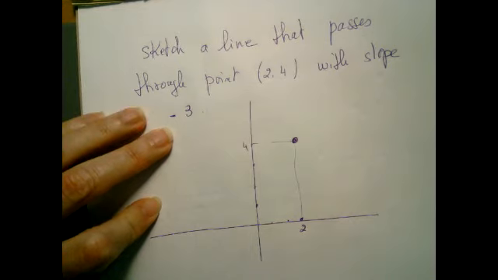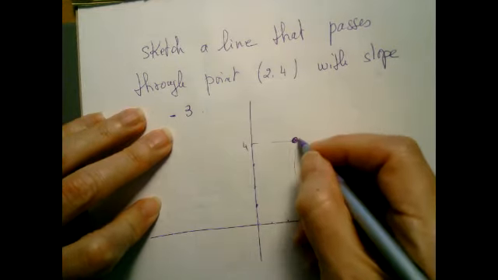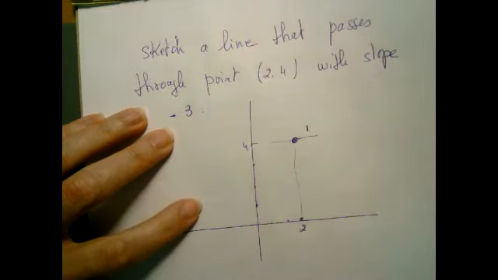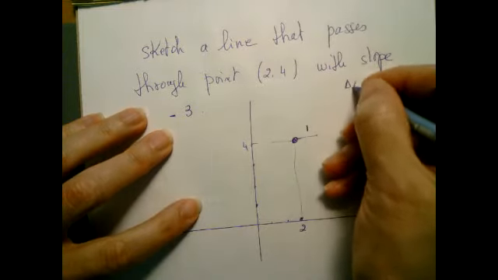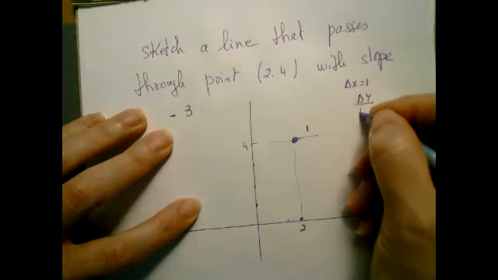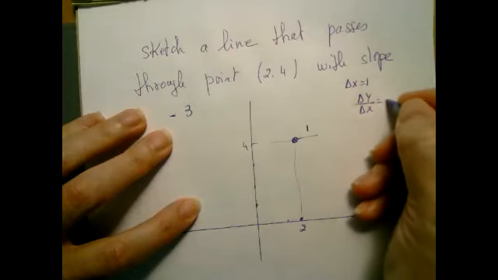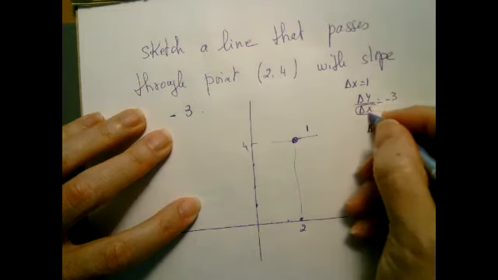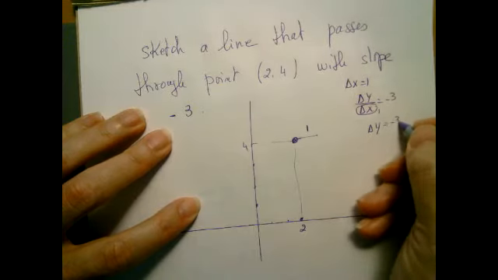What does this mean for us? It means that if the delta x is 1, the delta y over delta x is -3. It means the delta y, since I substituted 1, is always -3.